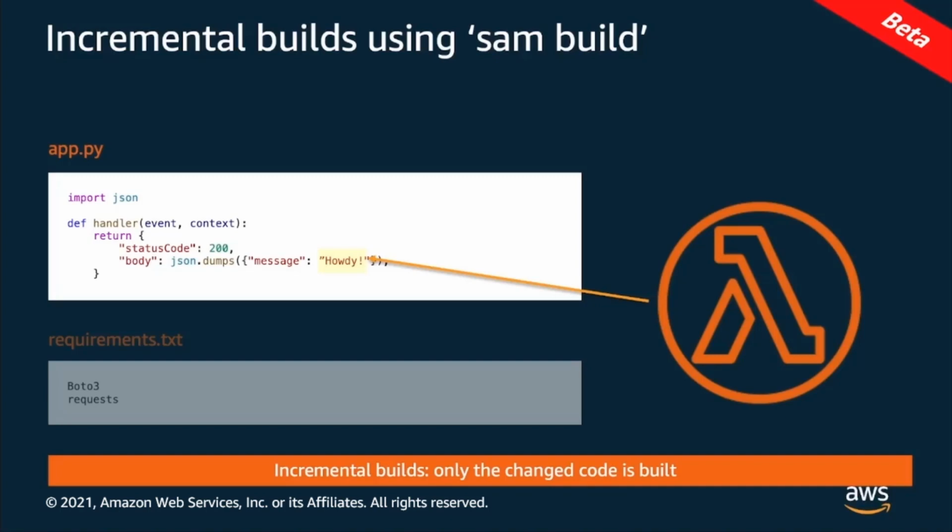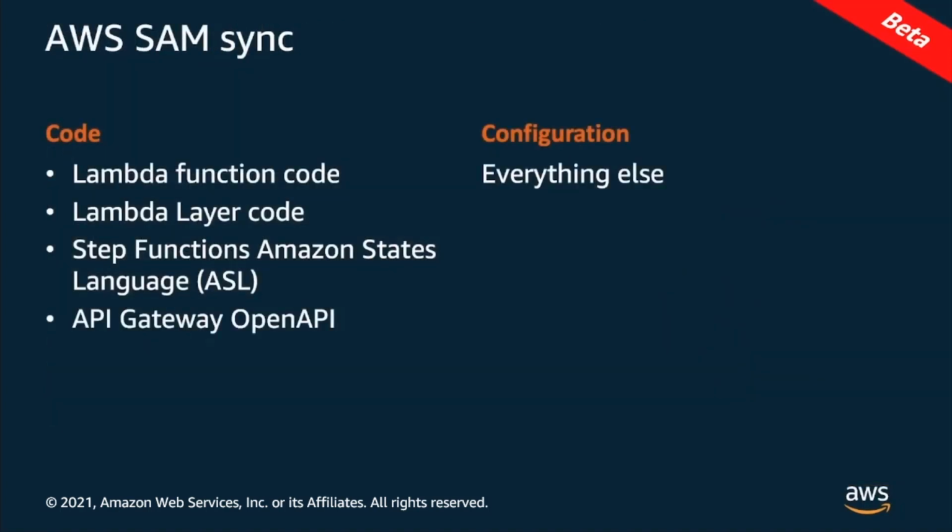Now, let's talk about syncing with the cloud. How do we get out to the cloud fast to test in the cloud? The next thing we're doing is building a command called SAM Sync, or AWS SAM Sync. Now, in order to understand SAM Sync, we first want to divide between code and configuration. SAM Sync is going to define code as Lambda function code, Lambda layer code, Step Functions Amazon States Language, and API Gateway OpenAPI.